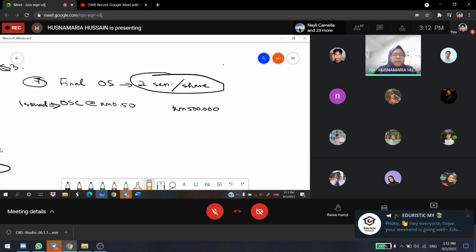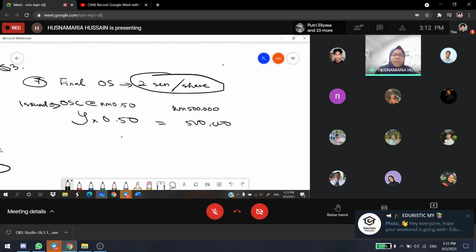Okay. Now, actually, the formula is, let's say you feel blur, divide by 50 cents. In order for you to get this total amount, macam mana nak dapat total ni? Total ni adalah, of course, number of units. Katalah number of units tu kita kata Y, multiply with the value, mesti dapat 500,000.